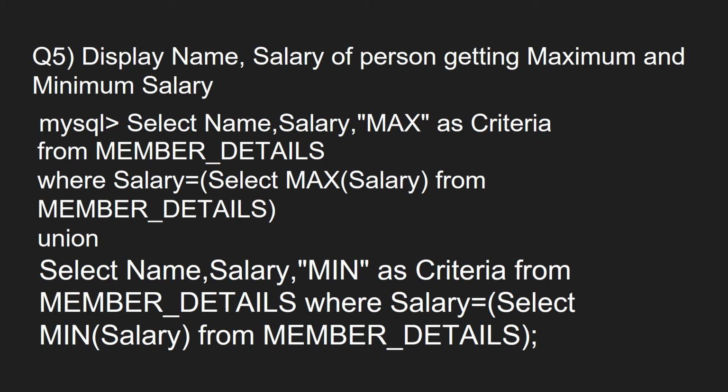Similarly, we can use this query for minimum also, just that we will use the minimum function instead of the maximum function, and to combine the results of both the queries we will use union. So you can see on the screen, we have combined the results of both the queries.